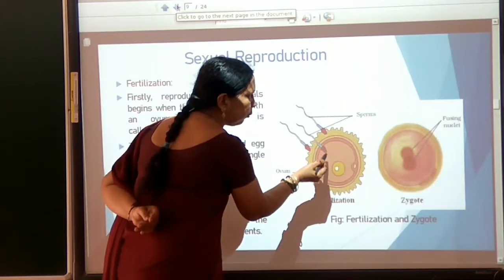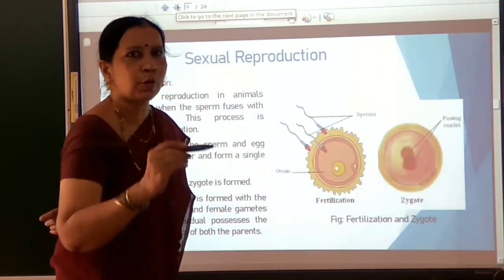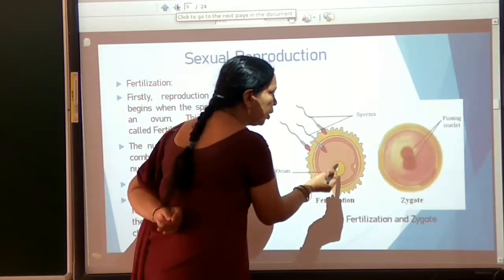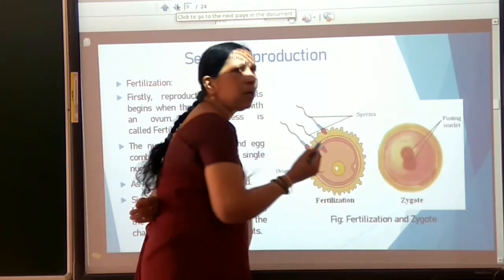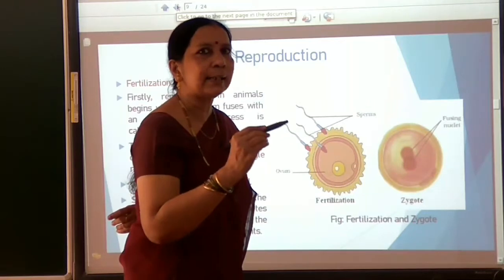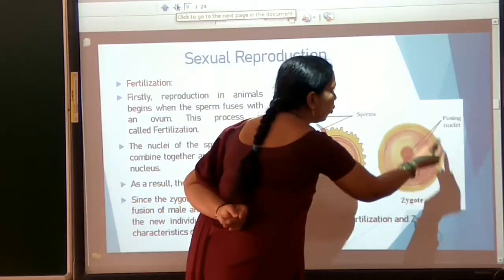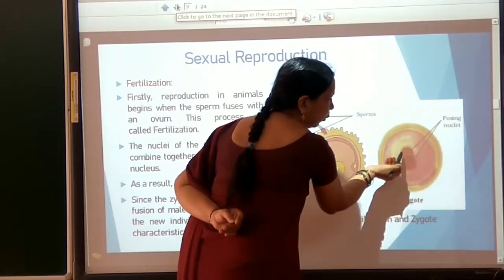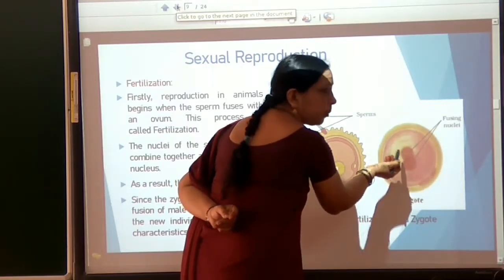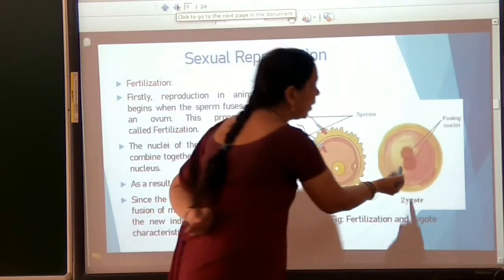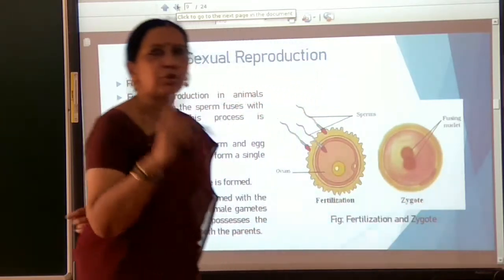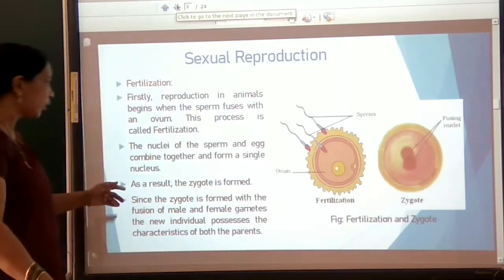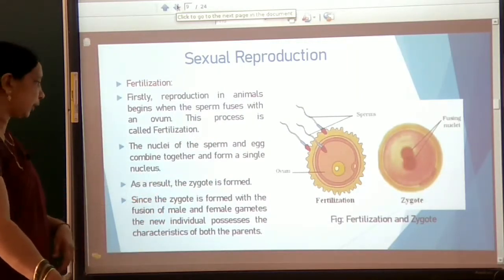When one sperm fuses with an ovum, the nucleus of the sperm fuses with the nucleus of the ovum to form a single nucleus, and a zygote is produced. Observe the fusing nuclei: one nucleus is from the sperm and one is from the egg. They fuse to form a single nucleus and the zygote is formed.